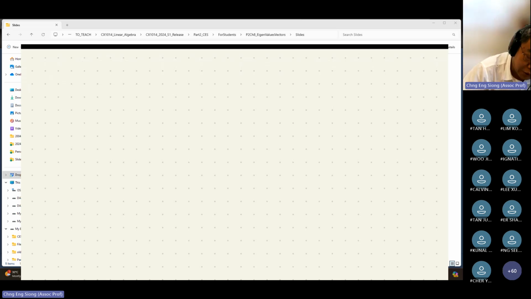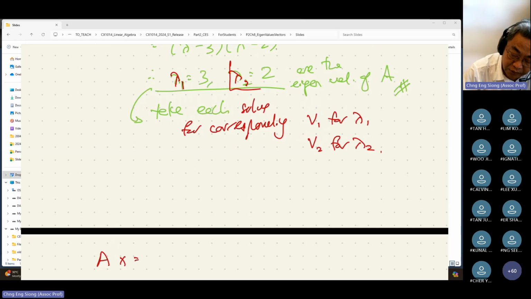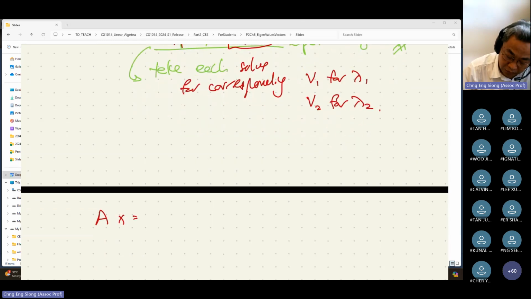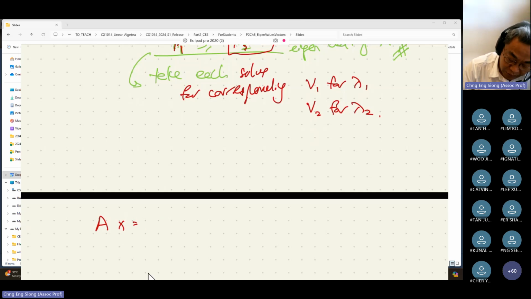So we know Ax equals lambda x. Which lambda are we going to solve for? Let's solve for lambda 2 first. Now, all right guys, let's do it slowly.